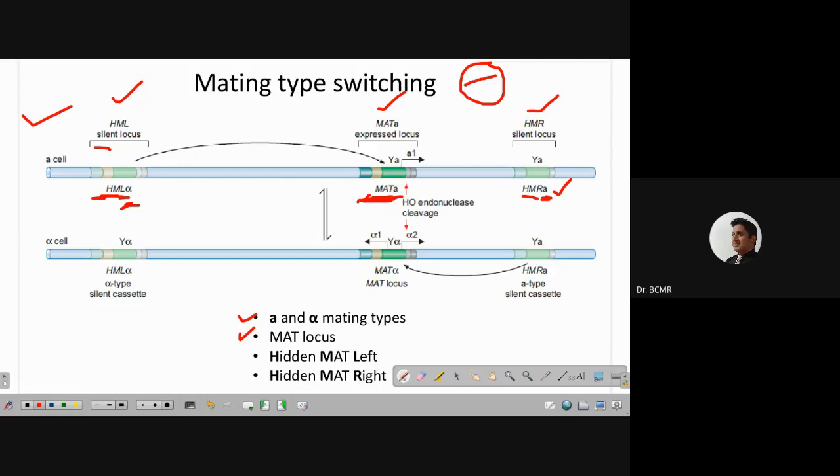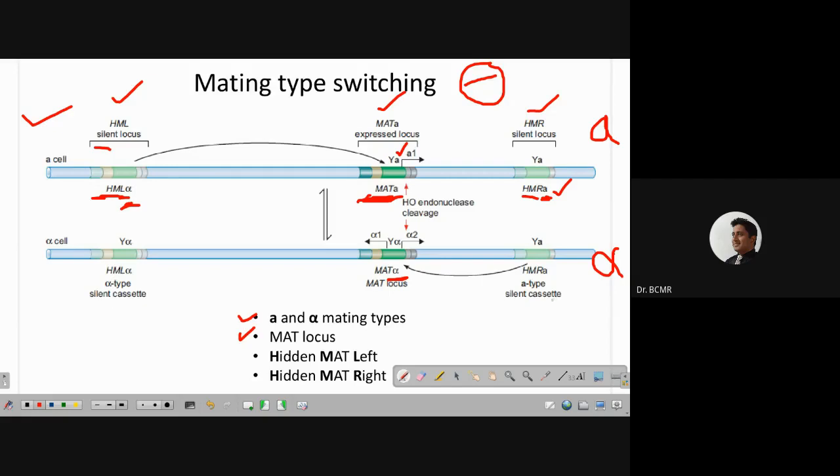Okay, and that is the only one that is expressed. So whichever genes are here, in this instance you have A type genes, so the cell is an A type cell because those genes are expressed. If for some reason you have the alpha sequence here, then because the alpha genes are expressed here, that cell will be alpha type, alpha mating type.